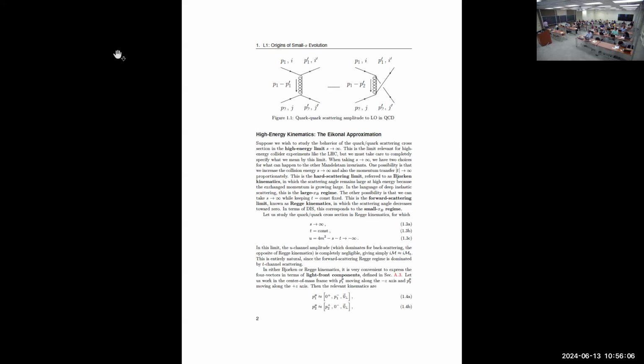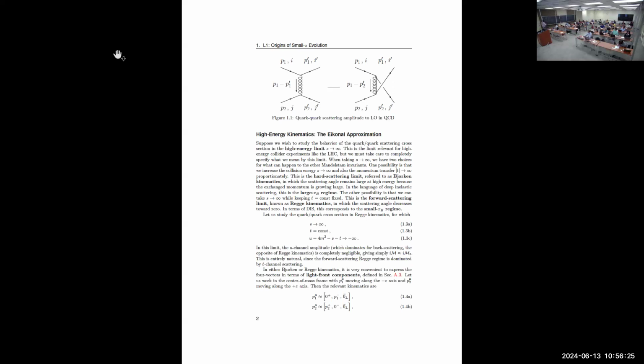So if I'm in a strict center of mass frame where p1 minus is exactly equal to p2 plus, usually I don't need them to be exactly equal, but just to orient your head around this. In a strict center of mass frame, they're both equal to each other and they're both equal to root s over 2. So this is sort of what I have in mind.